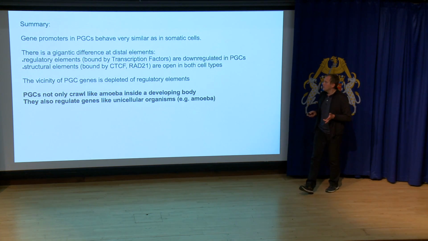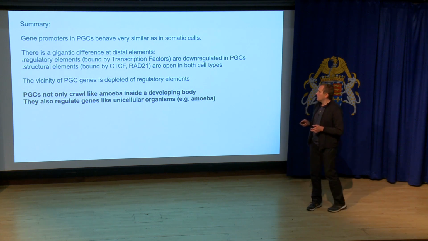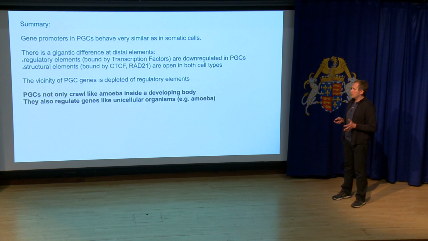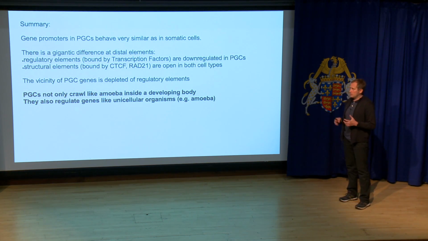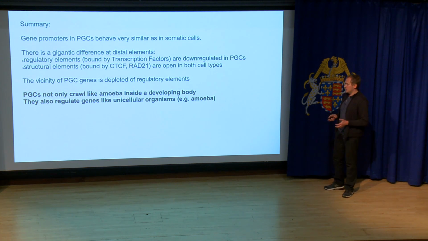So in summary, gene promoters in PGCs behave in a very similar way to the somatic cells, regardless of which stage you look at. But there is a gigantic difference when you look at distal elements. Regulatory elements which are bound by transcription factors are way, way down-regulated in the PGCs, but not the structural elements which are bound by CTCF and its partners, which are open in both cell types.